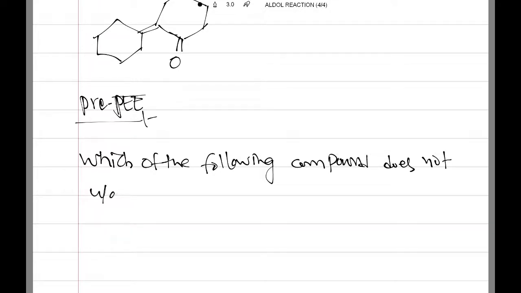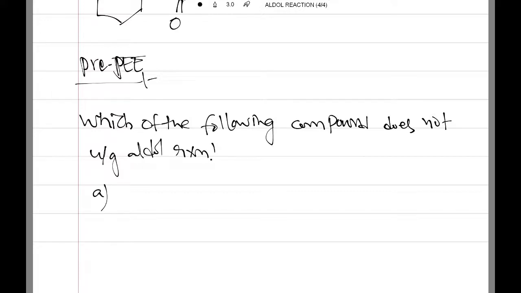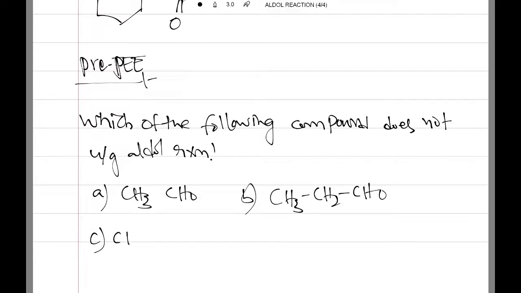The options are given. A is CH3CHO, B is CH3CH2CHO, C is (CH3CH2)2CHO, and D is HCHO. Please tell me what is your answer.